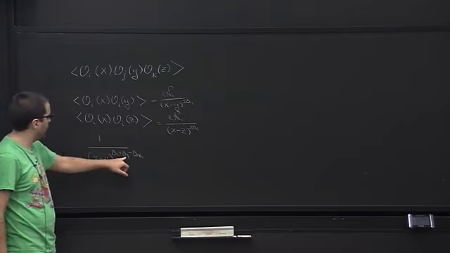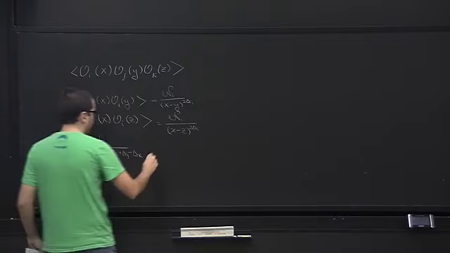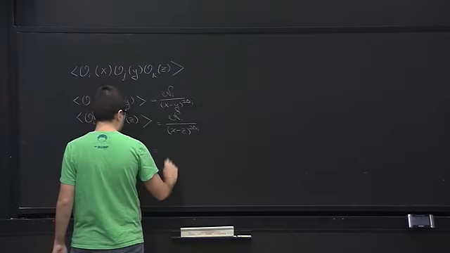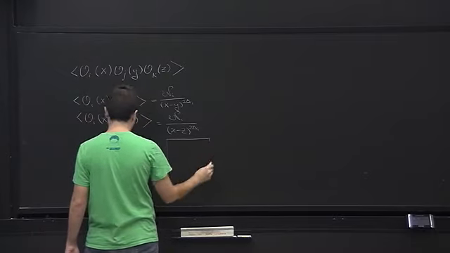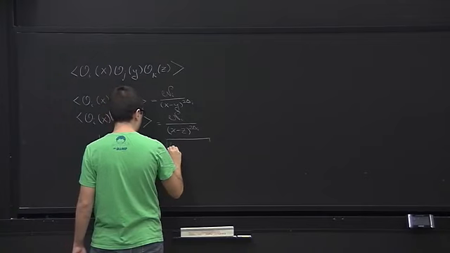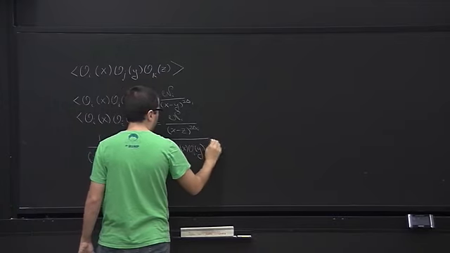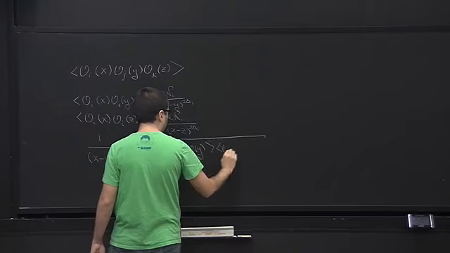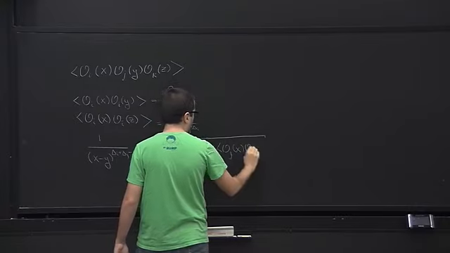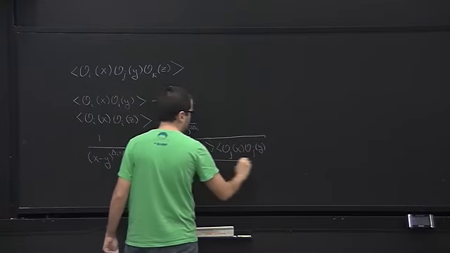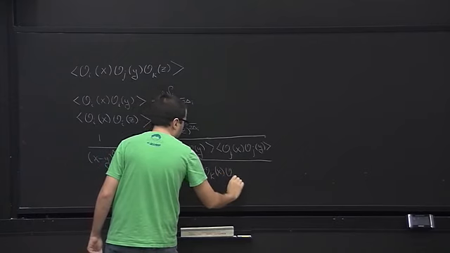I can get |x minus y| to the power delta_J from a similar guy with J, and delta_K with a similar guy with K. So I can write this, up to a normalization, proportional to square root of the two-point function O_I of x, O_I of y times O_J of x, O_J of y divided by the 2-point function O_K of x, O_K of y.